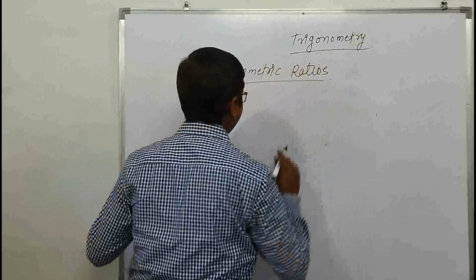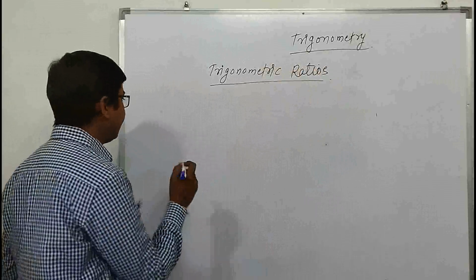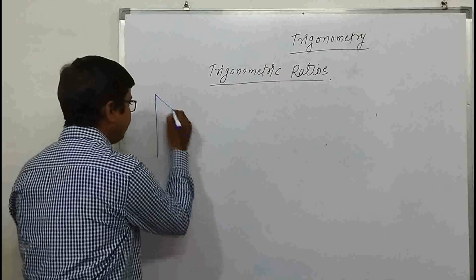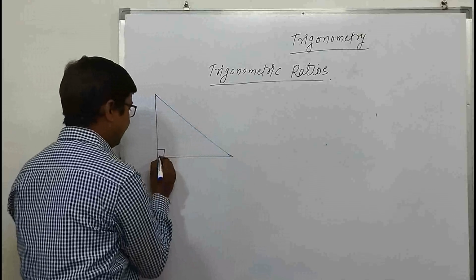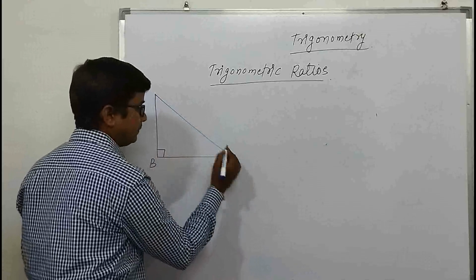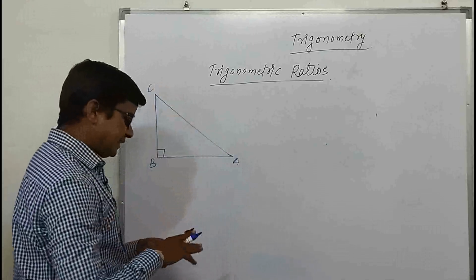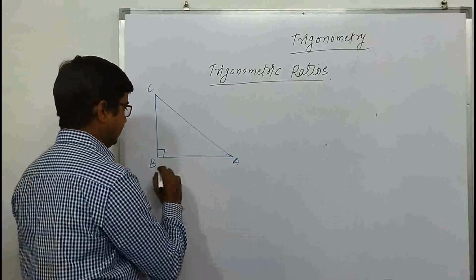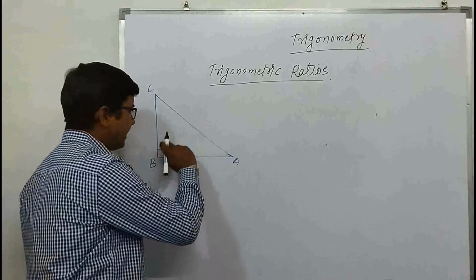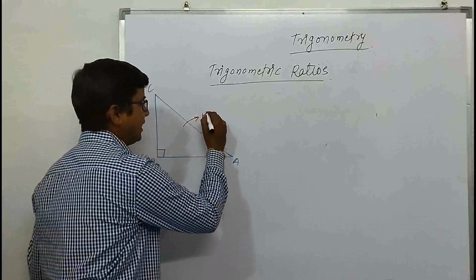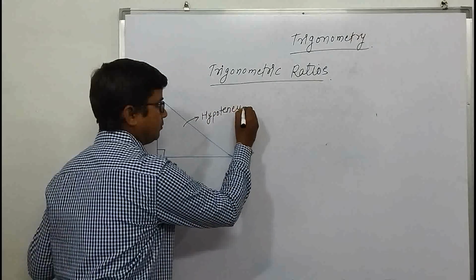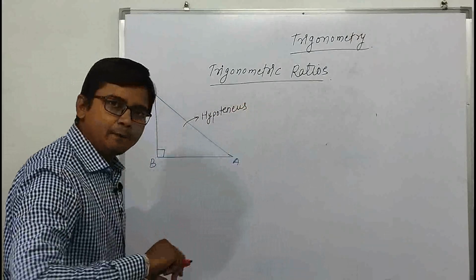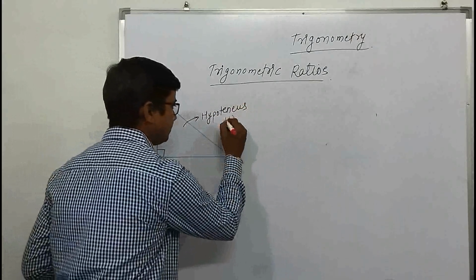If I consider a right angled triangle, right angled at point B, then the side opposite to this right angle is called hypotenuse and is represented by capital H.